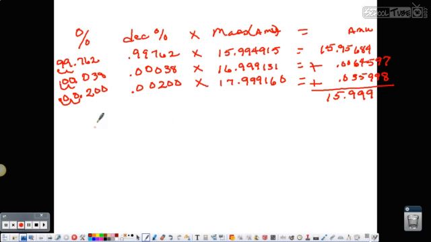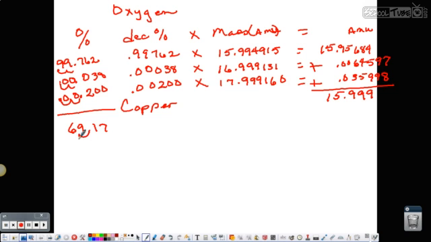Now the next thing I'm going to do is copper. So this was oxygen, and this is copper. When I look at copper, the percentage for copper that's given is 69.17.